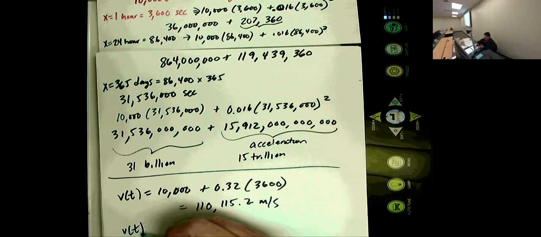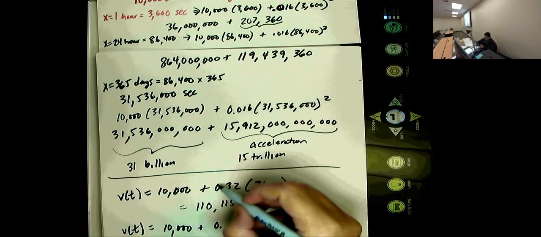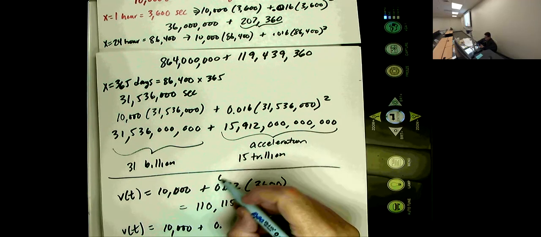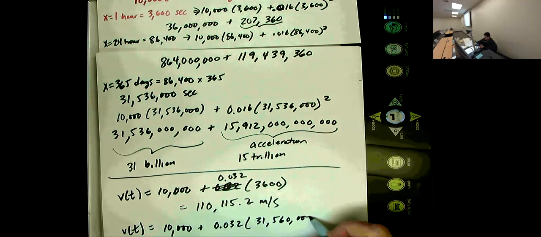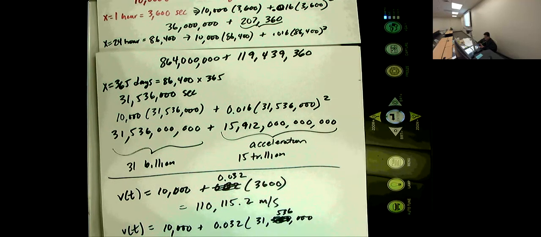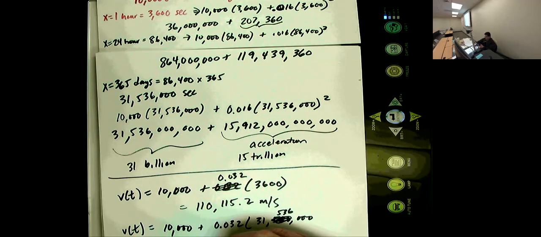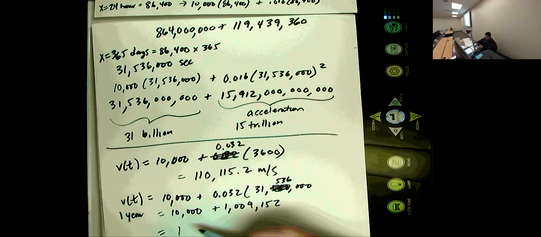After a year, though, the velocity went from 10,000 to 1 million.